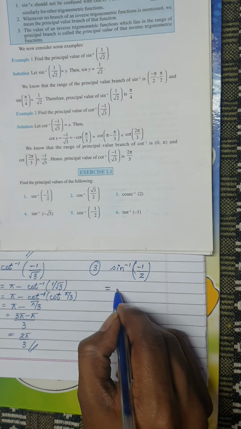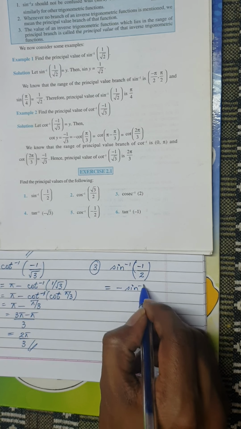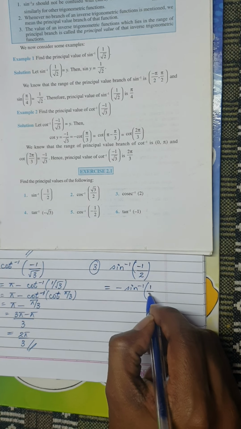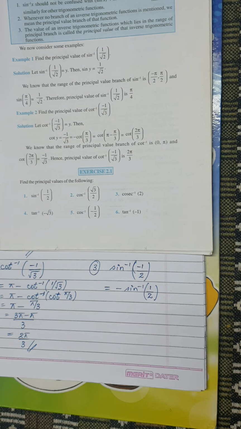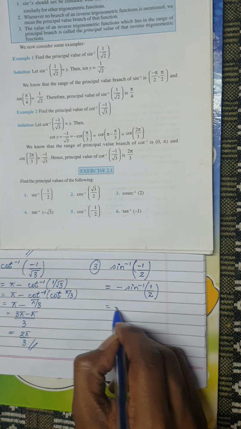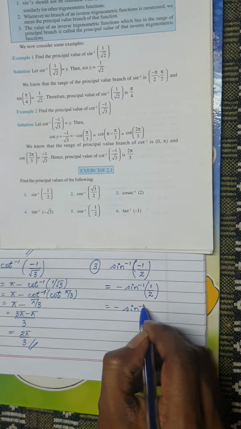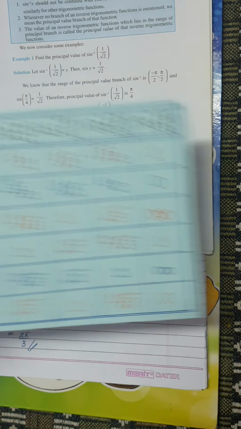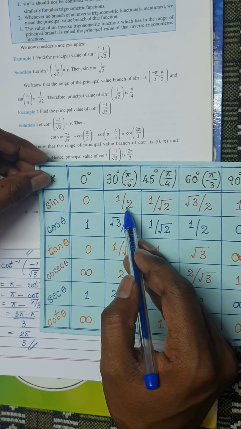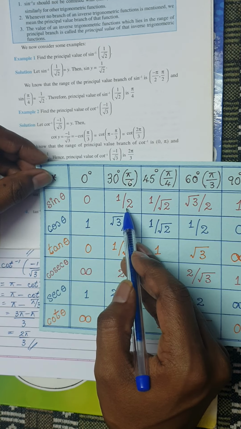So this is nothing but minus of sine inverse of 1 by 2. Very simple. Now we know that 1 by 2 is a standard value for sine theta, because sine 30 is 1 by 2.